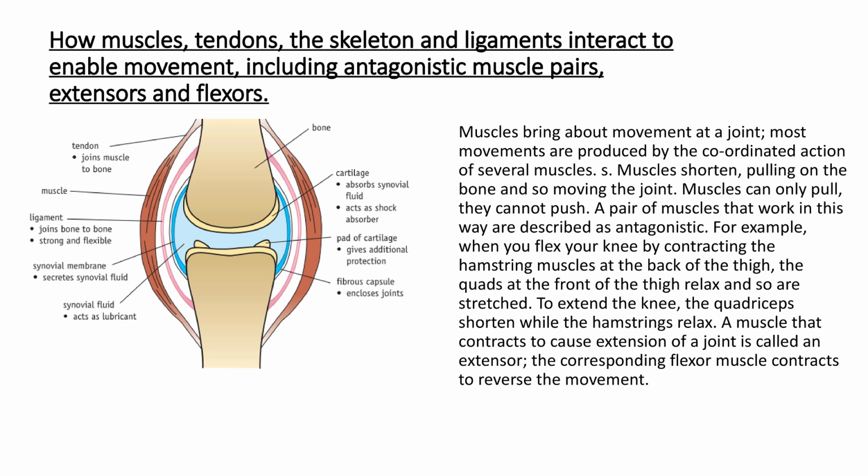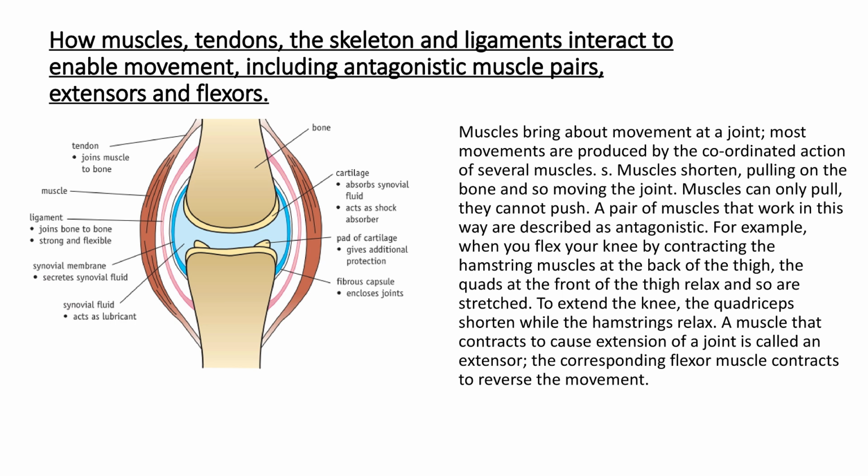The very narrow white part is the fibrous capsule which encloses the joint, and the last structure is the pad of cartilage, which gives additional protection.